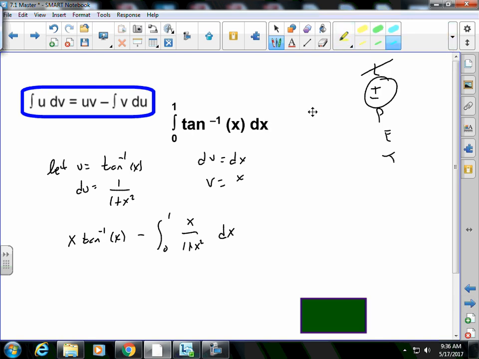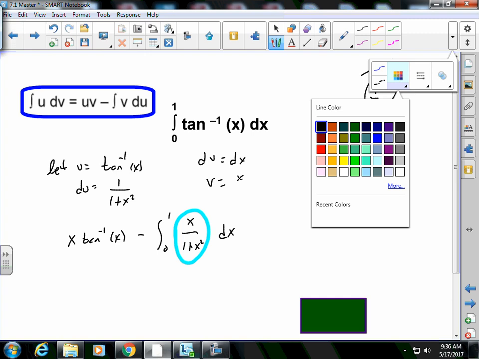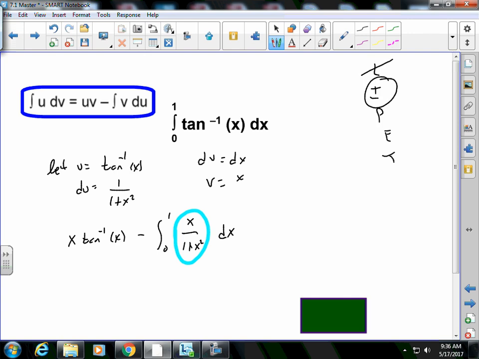Well, first of all, I have to figure out how to handle that. And I could do, hopefully you guys are seeing this, a u substitution, or w substitution in this case. Let w equal 1 plus x squared. If I do that, then dw is equal to 2x dx, or 1/2 dw is equal to x dx, because I don't have that 2.